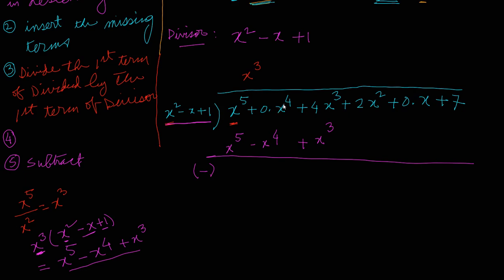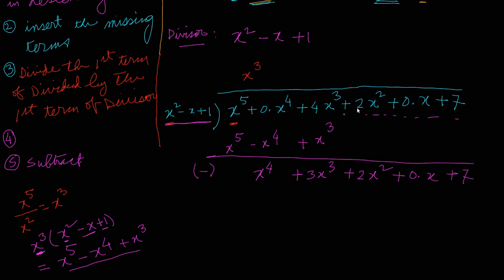So 0 x power 4 plus x power 4 is x power 4 here. Then this plus is going to be minus, so 4x cube minus x cube gives plus 3x cube. And I'm going to write down the rest of the terms: plus 2x square plus 0x plus 7. So that is my step number 5.